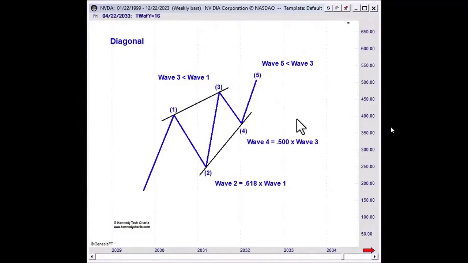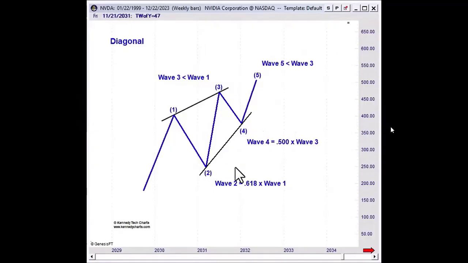But the type of ending diagonal that you're going to encounter the majority of the time is the converging type, where the 1-3 and the 2-4 trend lines actually converge and create what old school technicians would refer to as a rising wedge or a falling wedge.